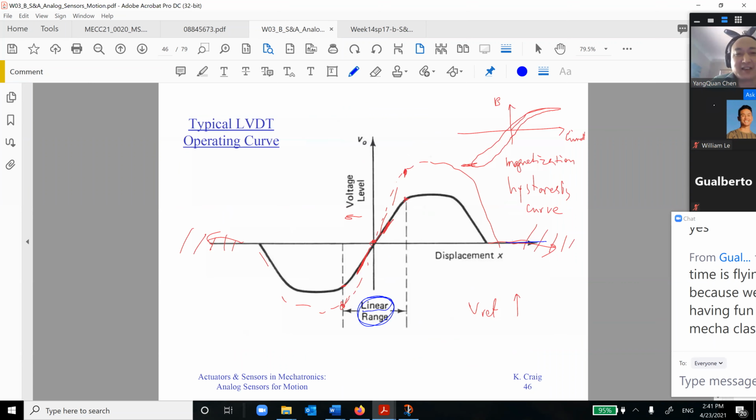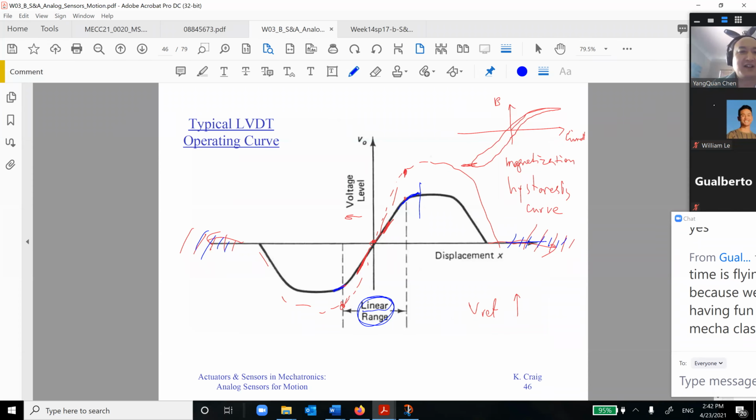That is this region, and also this region on the other side. There's only a limited range that is linear. If you extend a little bit, this is nonlinear, and then this is nonlinear.